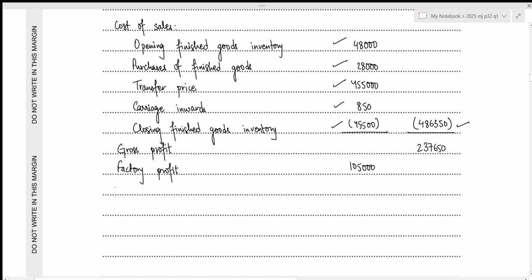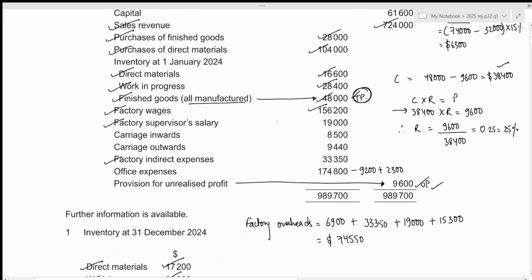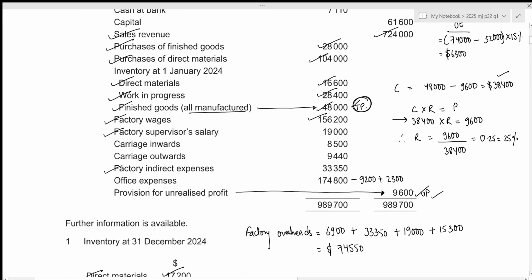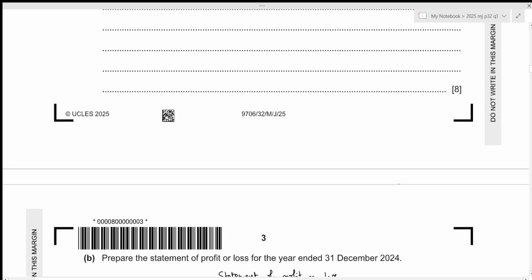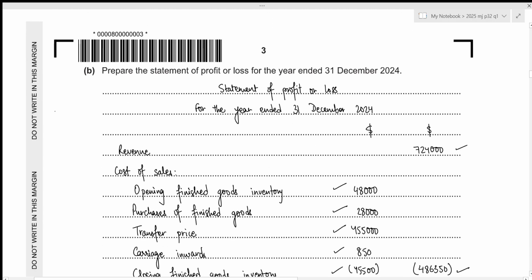Then we need to make adjustment of unrealized profit. This is the unrealized profit attached to our inventory. Now, we already have the unrealized profit for our opening inventory. That was 9,600. So, for opening inventory, the unrealized profit is 9,600.